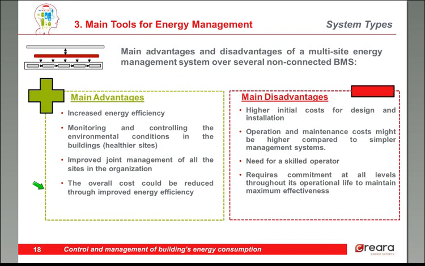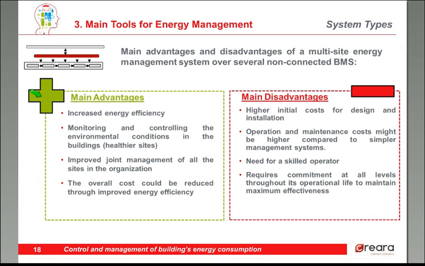In a more analytical way, the main advantages and disadvantages of this sophisticated system are depicted here. Increased energy efficiency, better environmental conditions in the building or in the different sites, a joint management of the different sites or the different parts of the building, and the overall O&M cost of the organization could be reduced.